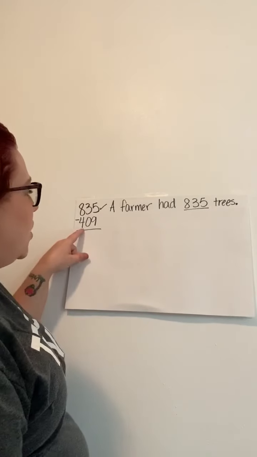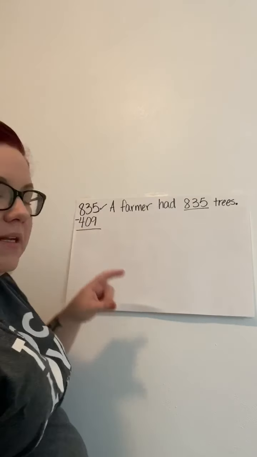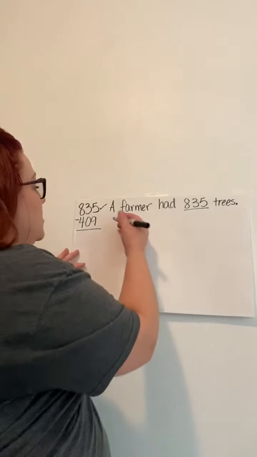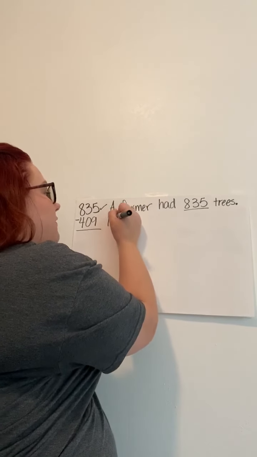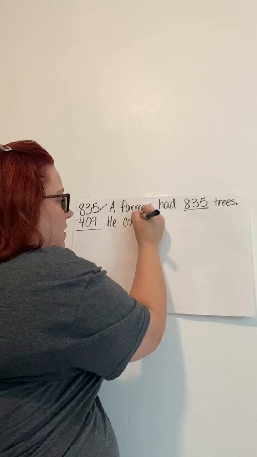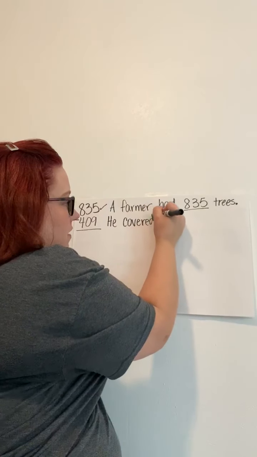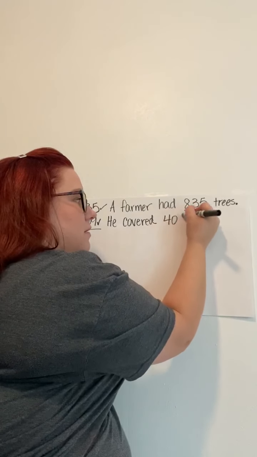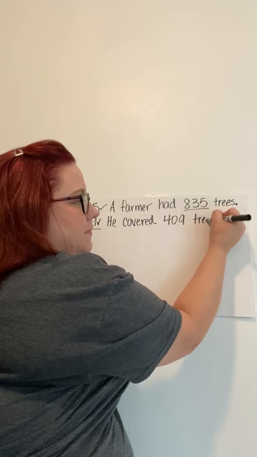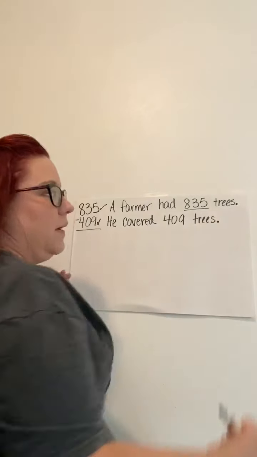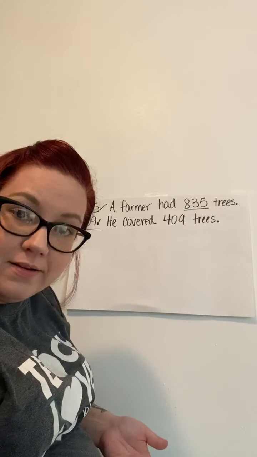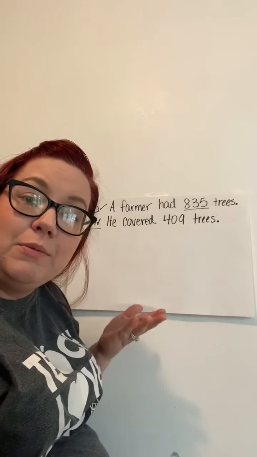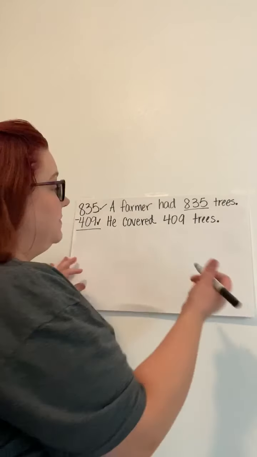Okay, so let's say he needed to cover them because it was going to get really cold and he wanted to save them. Okay, so he covered 409 trees. But he needs to cover all of them, right? So he can use this information to find out how many trees does he have left to cover.